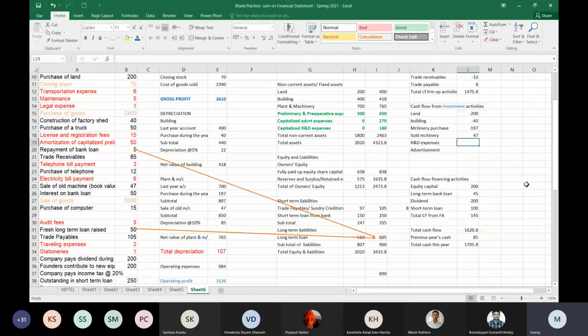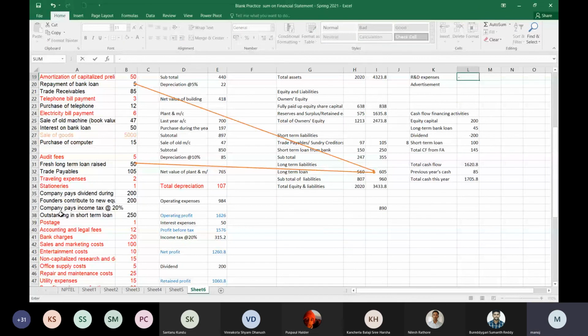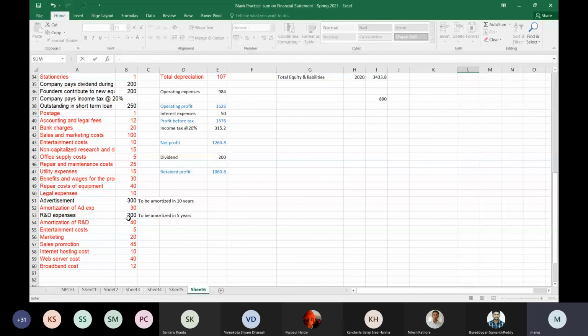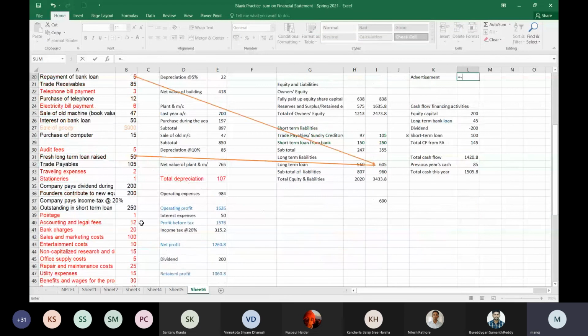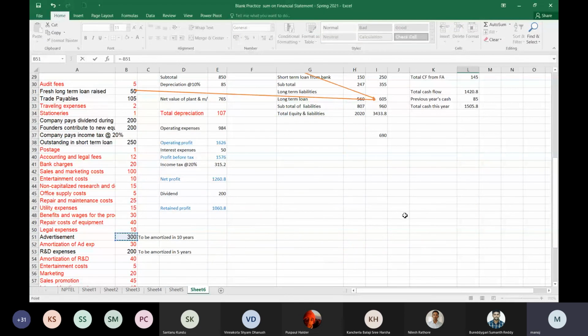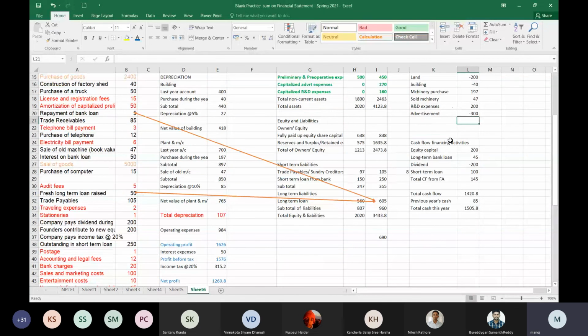So the full amount should come here as negative money. So R&D is equal to, R&D is 200. This should come here. Advertisement also is a negative because the money has gone out. It should come here.